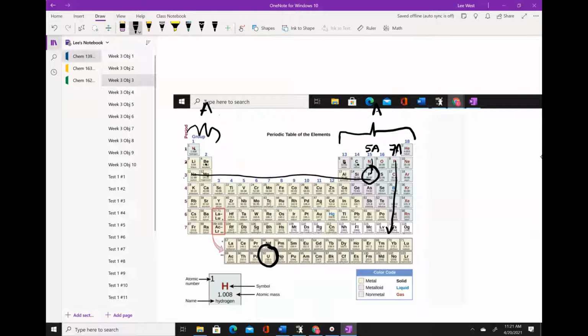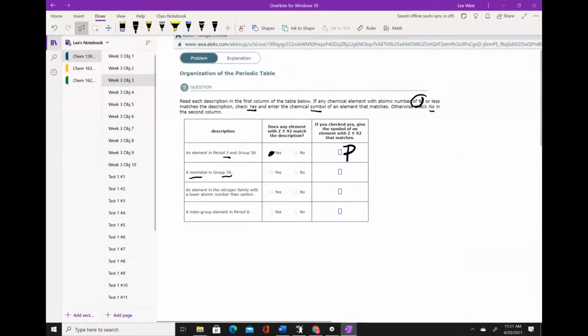The first 4 are non-metals. And it turns out that they all have atomic number less than 92. So you can pick one of those 4, and I'm just going to pick bromine. So yes, and I'm going to pick bromine.